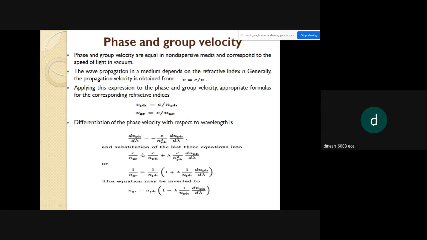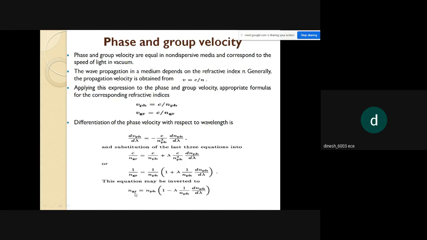Substitute here, VGR is equal to C by NGR. Then we can rewrite the equation as 1 by NGR is equal to 1 by NPH into, NPH is common. So taking that common outside, we get 1 plus lambda into 1 divided by NPH into dNPH divided by d lambda. Where C is common for all, so we remove C outside. C becomes a constant.